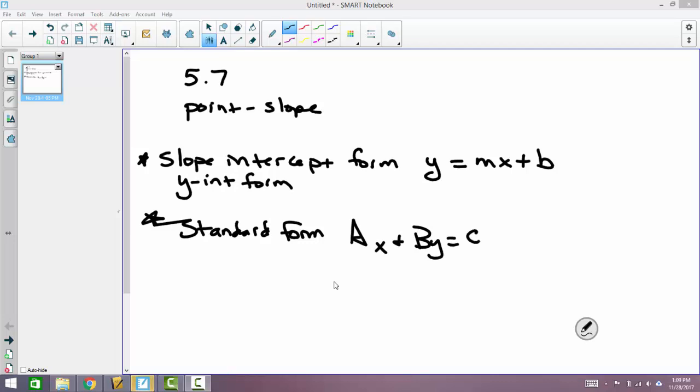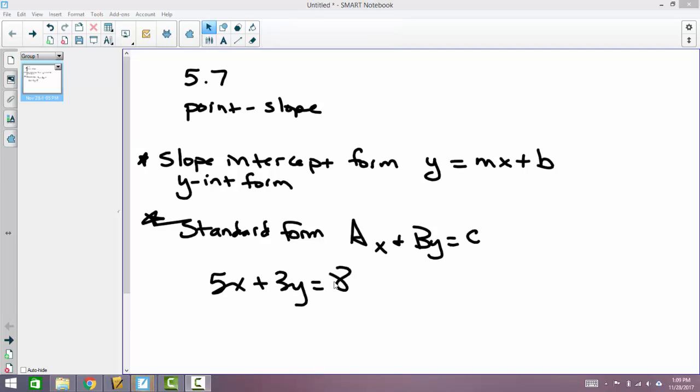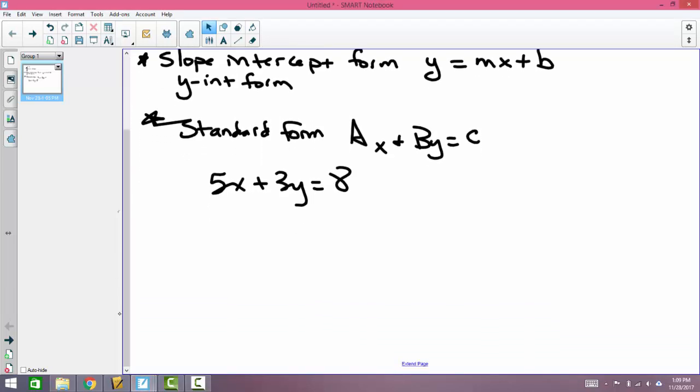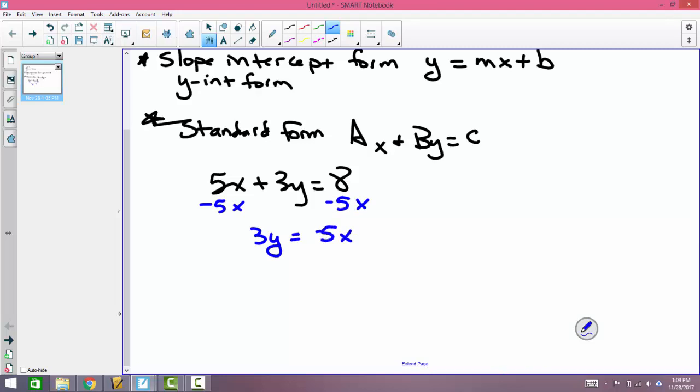So if you have an equation like 5x plus 3y equals 8, you would not know what the slope is unless you put it in y equals mx plus b. And you can do that because we can solve for y. So you would subtract 5x from both sides. Go ahead and keep the negative 5x in the front, so it's most like mx plus b.